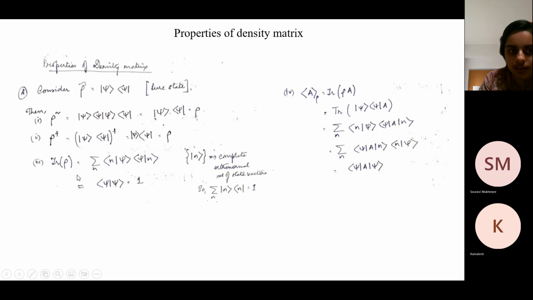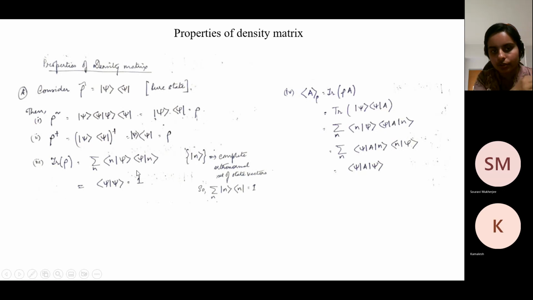Then if you do trace of rho, where n is some complete orthogonal set of state vectors, the summation over n of the outer product of n and n will be 1. If you use this relation here, you can write the trace as 1. This is the normal definition of trace.